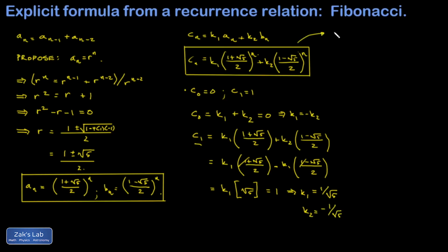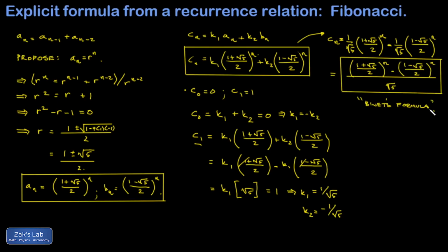Plugging in those constants into my general solution, I arrive at Binet's formula. So that's not exactly the way I wrote it when we originally started the video, but I can move the root 5 to the denominator. And now we have an explicit formula where we just sub in n equals 0, n equals 1, n equals 2, and so on. And it will generate exactly the terms of the Fibonacci sequence starting from 0.